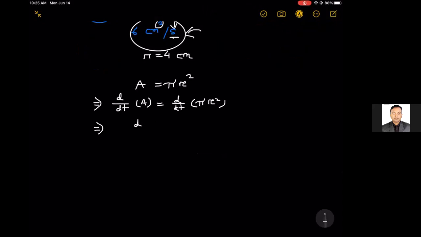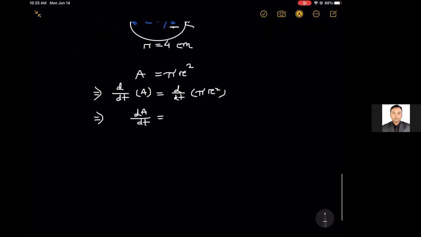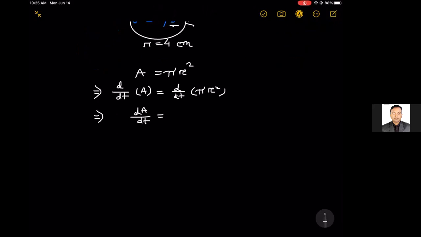So dA/dt, no worries with that. That's the value that is actually given, that is 6. Now, the derivative of pi r squared, what should we do? Can you take the pi out, since it's a constant? Very good. And then you do the derivative of r squared, since that's what's changing.